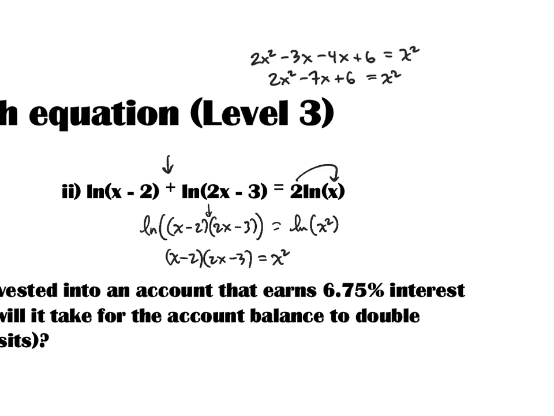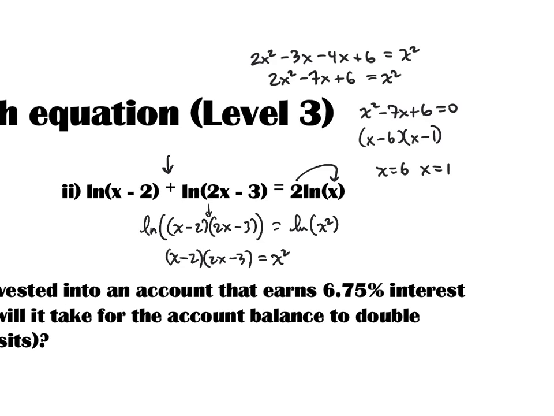Now we're going to use some more factoring. If I subtract x squared from the right over to the left, I get x squared minus 7x plus 6 equals 0. I'm going to factor. That'll be x minus 6, x minus 1. Therefore, x has to equal 6, or x has to equal 1.